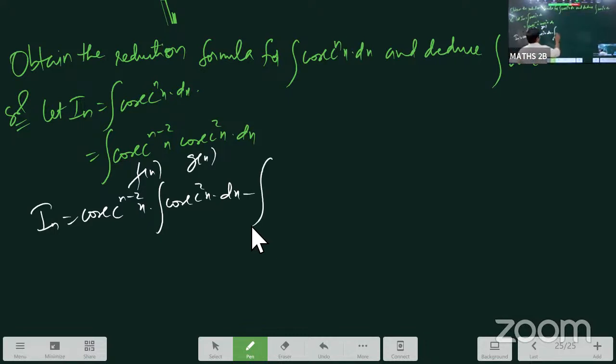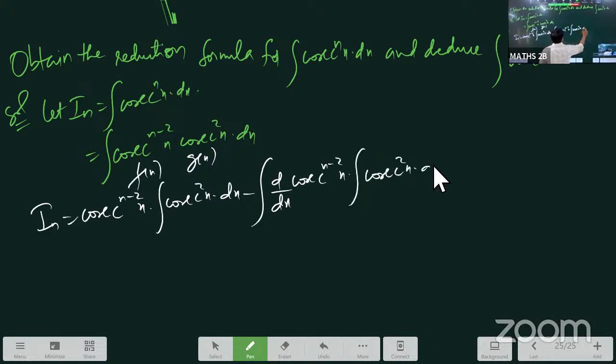Minus integration of d by dx of cosecant power n minus 2 x into integration of cosecant square x dx, its whole dx plus c. Integration by parts. Is it clear?